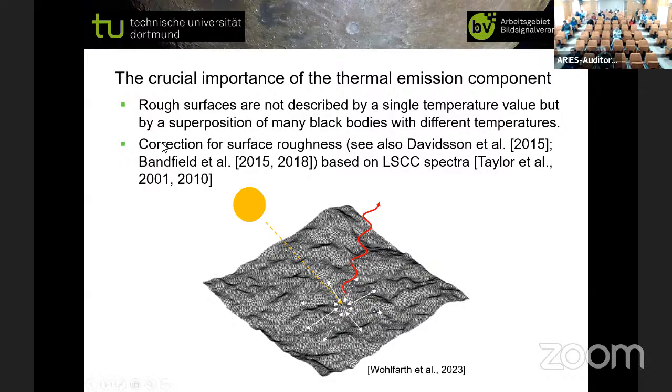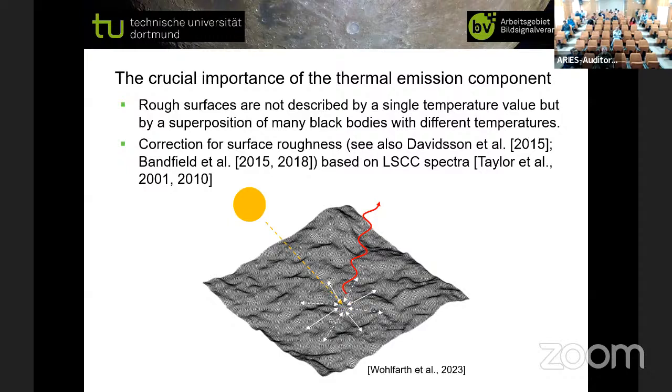It becomes much more difficult when we look at a realistic planetary surface, namely a rough surface, because we have facets of the rough surface that illuminate each other, heat up each other, and shadow each other. So they take away sunlight, they add sunlight to the direct illumination. That becomes very complicated.